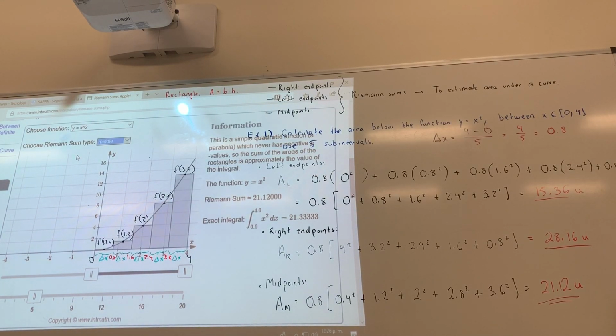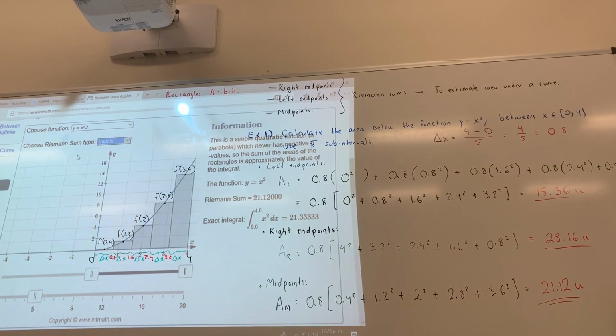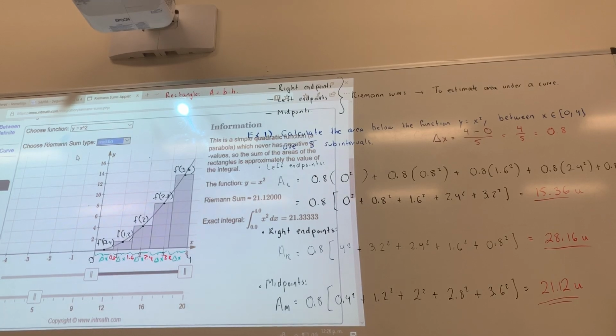So in this case, to find the real area, we integrate. So the integral of what? You already have a and b, 0 and 4. So from 0 to 4 of the function, which is x squared dx. Can you integrate this one? Yeah.